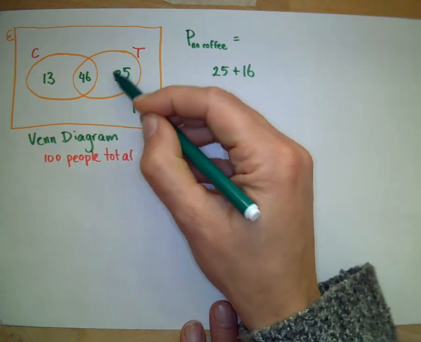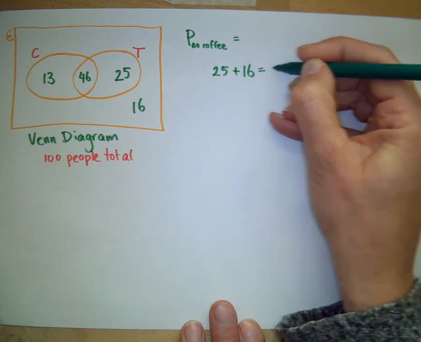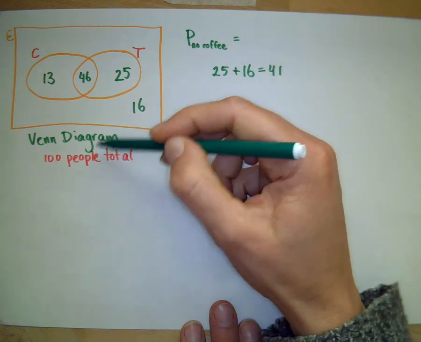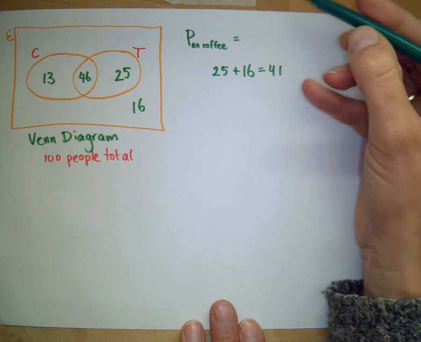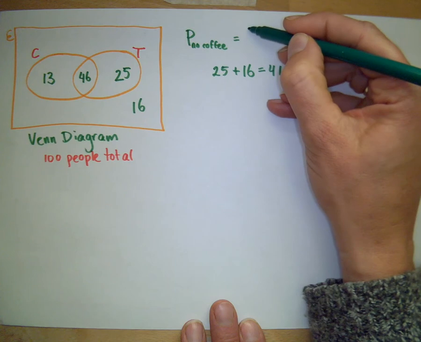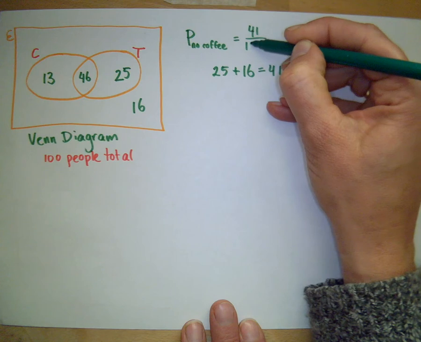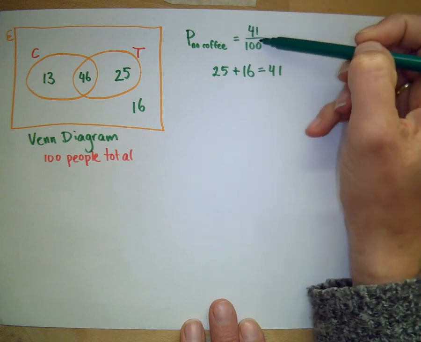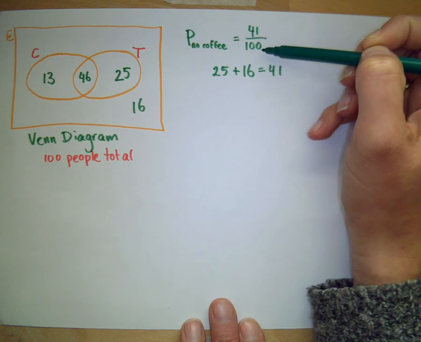So the 25 that only like tea and the 16 that don't like either, those together is 41 people, and we said the total number of people that we're picking our person out of randomly is 100. So the probability that a randomly chosen person does not like coffee is 41 out of 100. Okay? That's an easy one.